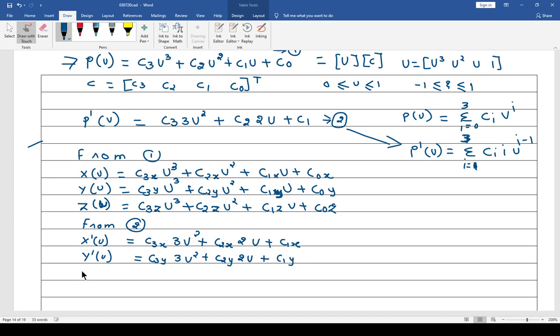Similarly, z dash of u I can write as c3z 3 into u square plus c2z 2 into u plus c1z. Okay, so this is from equation 2 and this is from equation 1.